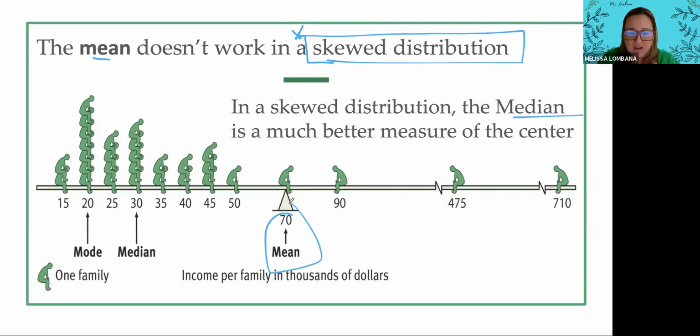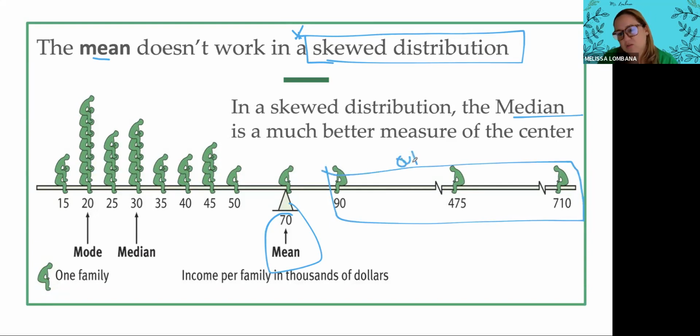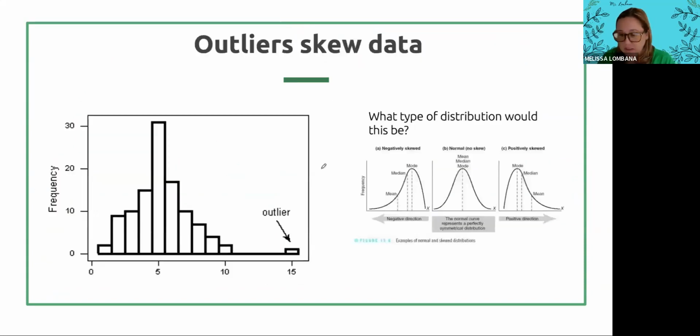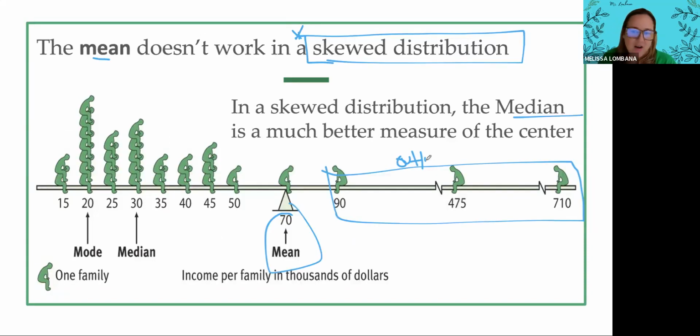I have 70, but then my median and my mode are all the way over here, not even close. And that's because of these guys. These guys kind of messed it up, and these are outliers that are going to affect my data. Because if you notice, this is where most people's data landed, in this area, rather than over here.